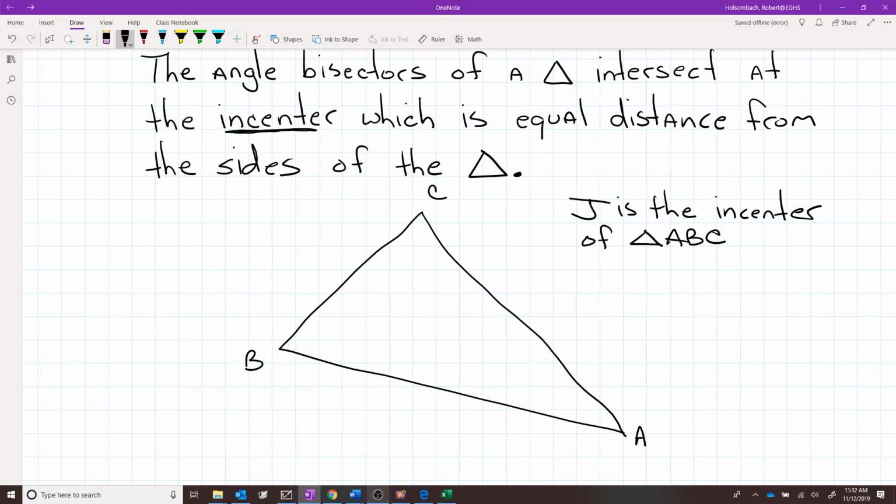So when you draw this, you're trying to predict where these three angle bisectors are going to meet. And this is going to be point J. So you got C to J, B to J, and then A to J. Those three segments bisect their respective angles.